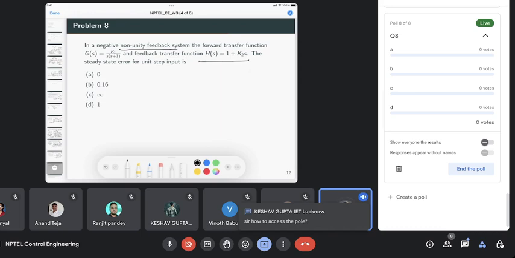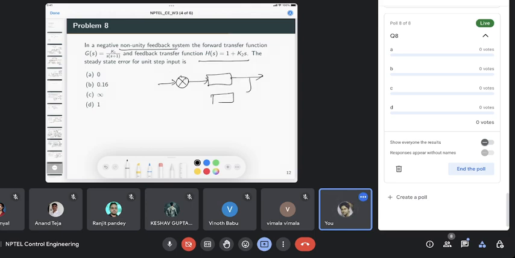So we'll solve. First try. The hint is, can you convert this non-unity feedback? Your H(s) is equal to 1 plus K2 s, right? So just draw this block diagram.